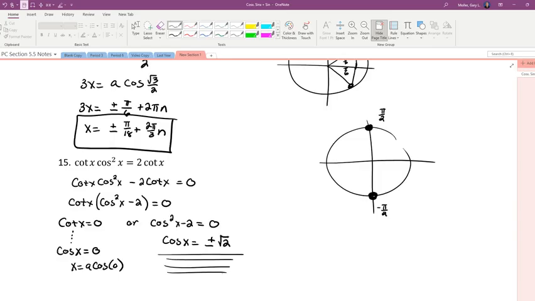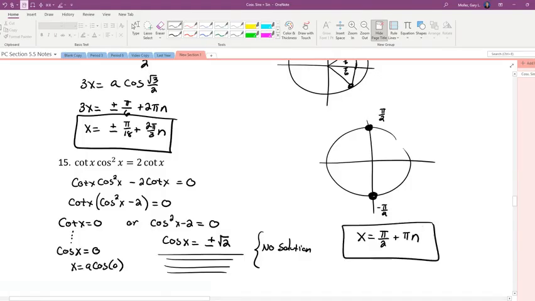Cosine of x, there is no angle that'll give you an answer bigger than 1. So this actually has no solution to that part. It doesn't lead us to an answer. So our two answers are already found. So x equals, I would say, pi over 2 plus pi n. Start at pi over 2, add pi, add pi, add pi, and there you go.